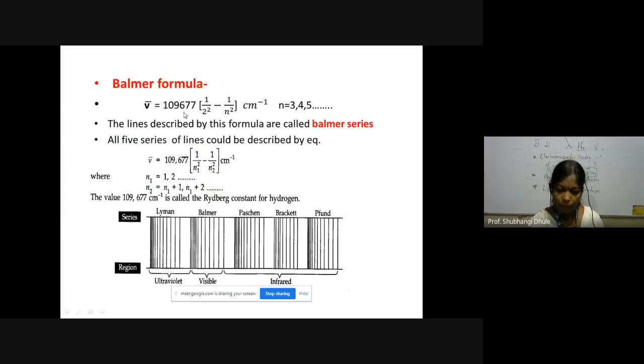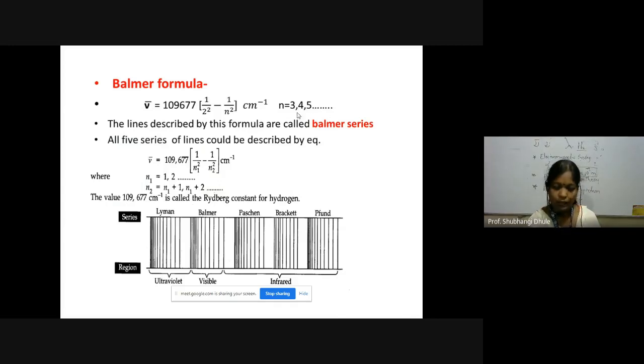Balmer used this formula because he got the line spectrum in the visible region. It's not very difficult to understand or to memorize, so you have to memorize this formula. The lines described by Balmer are called the Balmer series.